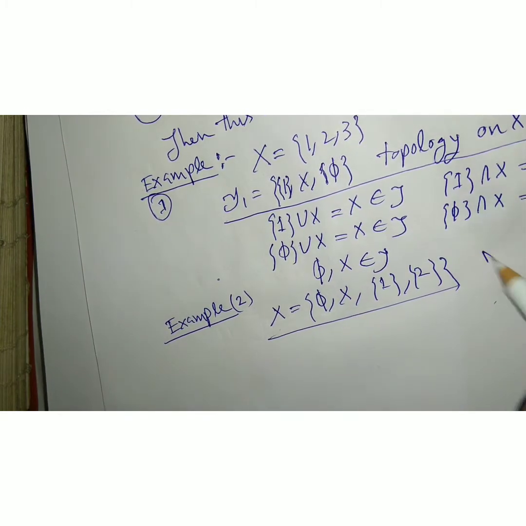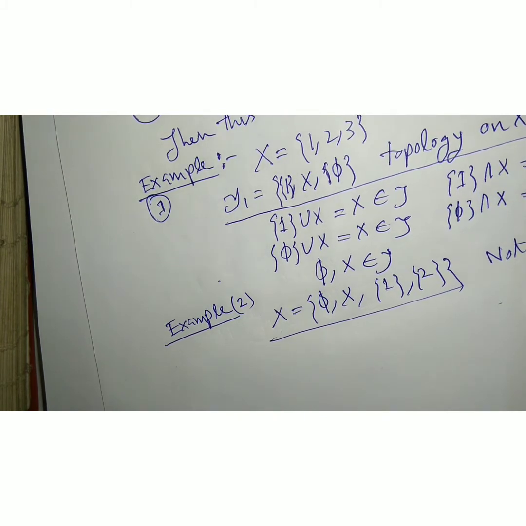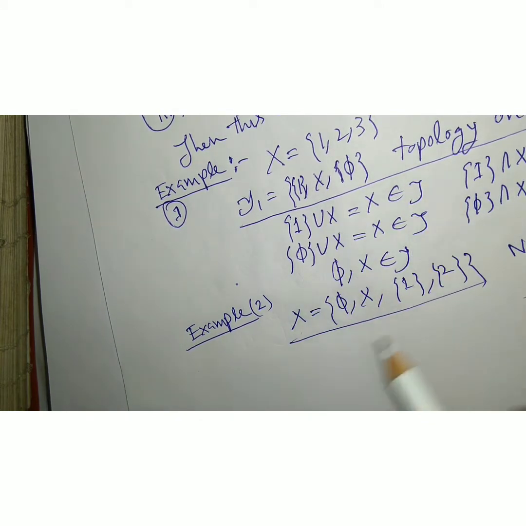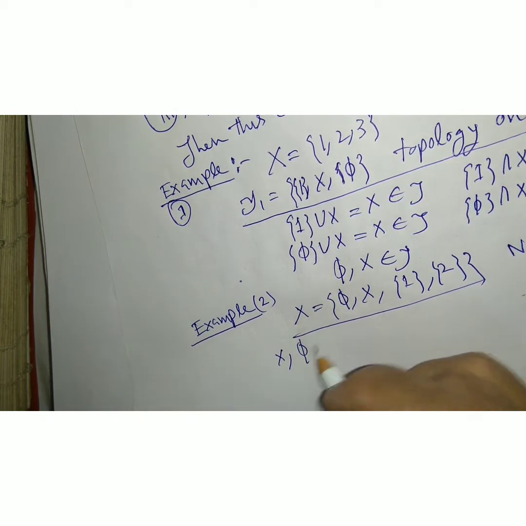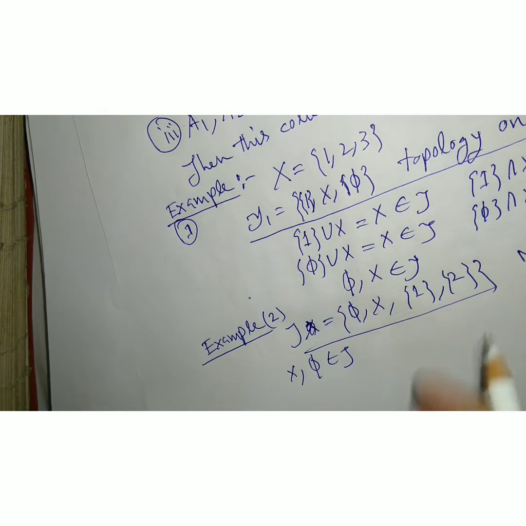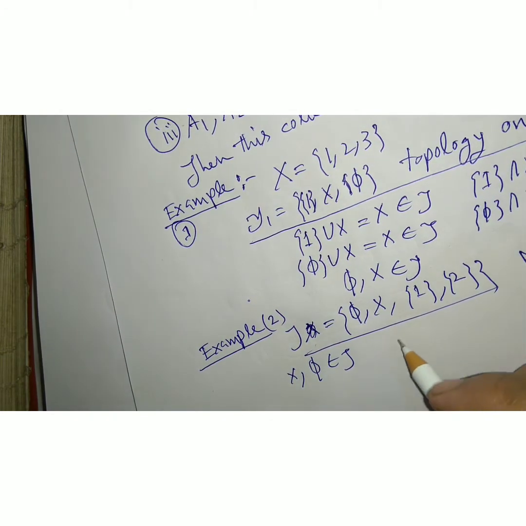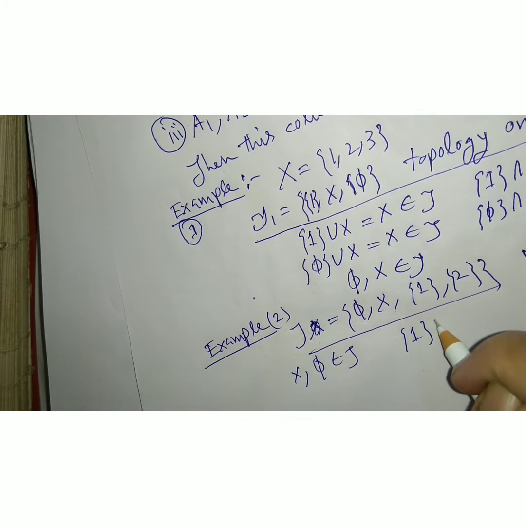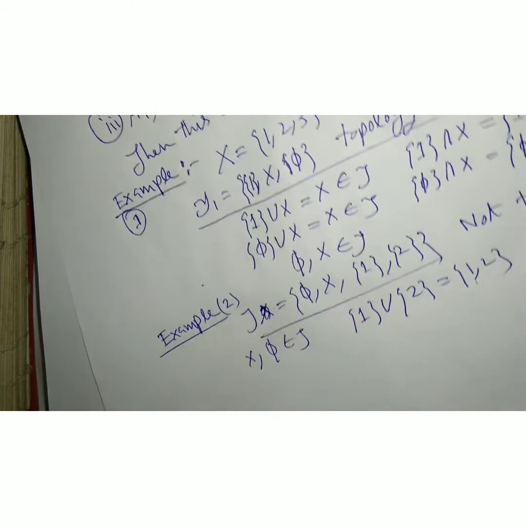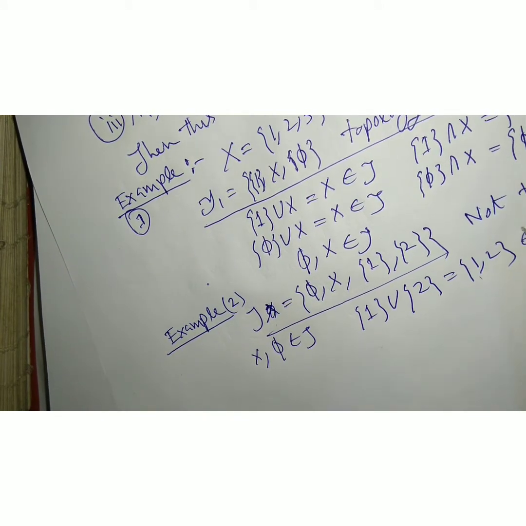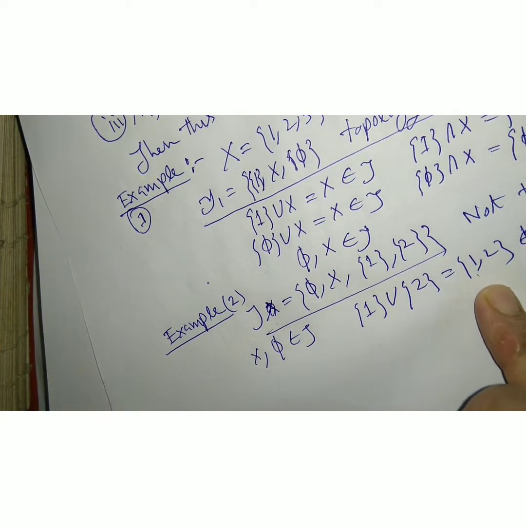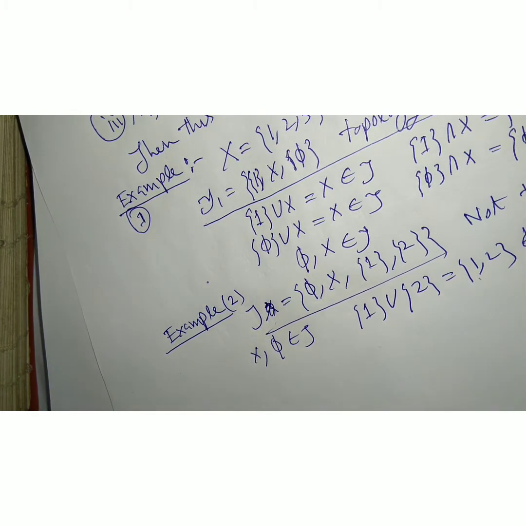No, this is not a topology. It satisfies the conditions that phi and X belong to tau, where X is {1, 2, 3}. But when we take the union of {1} and {2}, we get {1, 2}, which does not belong to tau. So friends, it is not a topology.